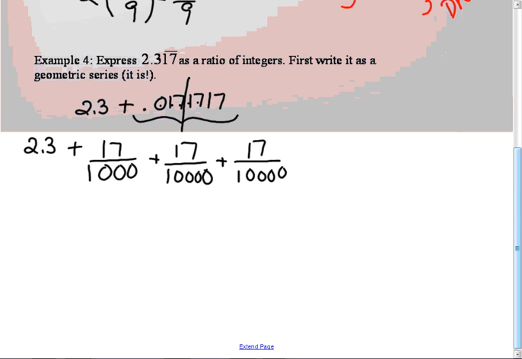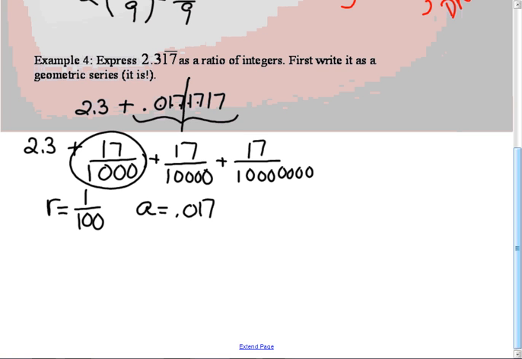And you know what the repeat is? The repeat is 2 decimal places. So R is equal to 1 over 100. My A value is this. We're just going to add the 2.3 in later. It's irrelevant. All I want to do is take the repeating part and write it as a geometric series. So A is 0.017 or 17 over 1,000.